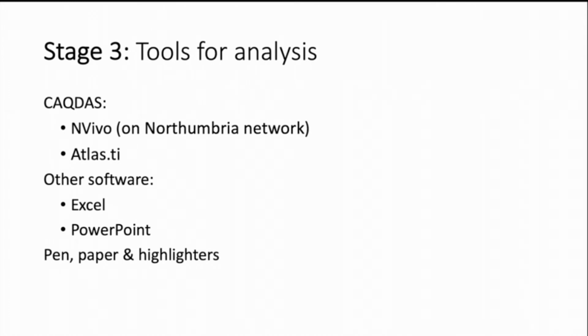Once you've got your framework, you need to think about the actual tools you'll be using for your analysis. There's all sorts of tools that you can use. You can use CAQDAS, which is computer-assisted qualitative data analysis software. And there's all sorts of software available. Through Northumbria, you will have access to NVivo. Another popular tool is called Atlas.ti, and they're both quite similar.